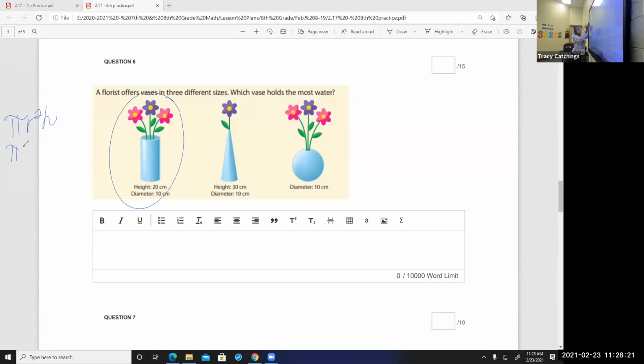What will be our radius? Good. And the height? 5 squared, 25 times 20. Okay. 500 times pi.